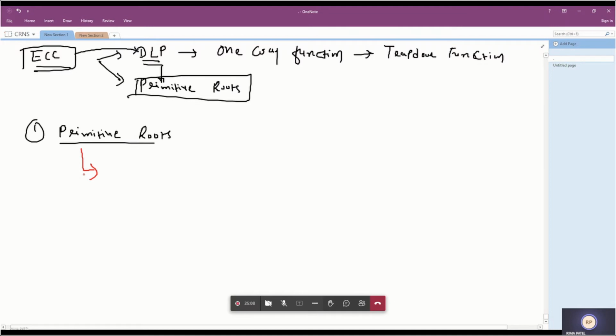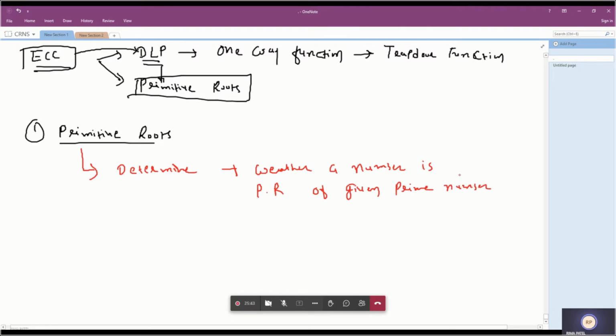What is the aim or goal of this primitive root concept? It will help us to determine whether a number is a primitive root of a given prime number or not.